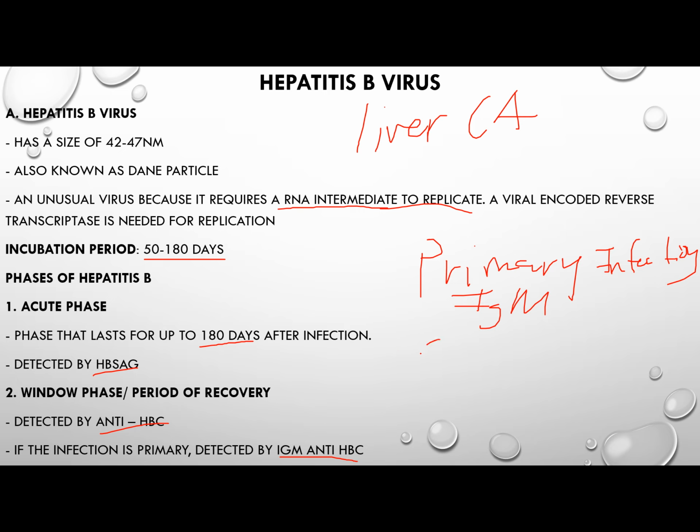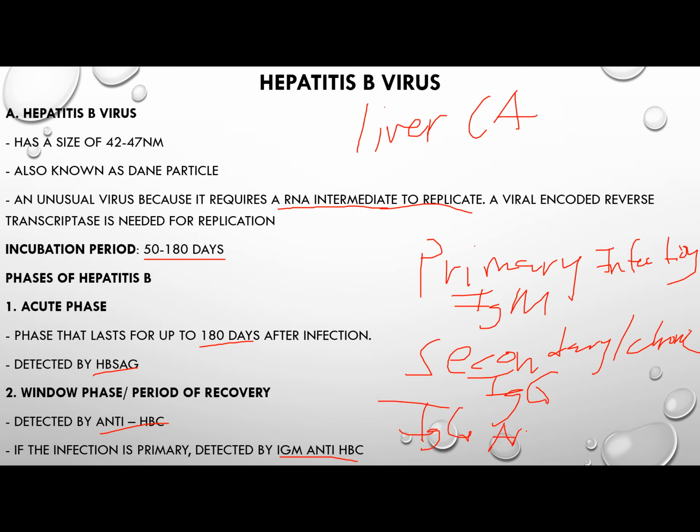Pero kapag naman mga secondary or yung tinatawag nilang chronic, yung matagal na, it's your IgG. So if the infection is primary, it's IgM anti-HBc. Kapag secondary na, it's IgG anti-HBc.